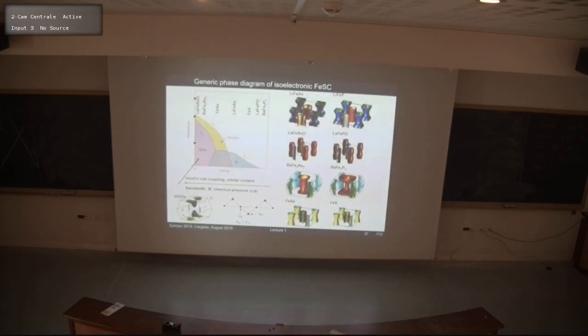If I put together lots of other isoelectronic compounds, where I only replace one atom by its sister compound with no doping effects, and place them on a general phase diagram, then you notice that every time electronic structure on its own is not sufficient.